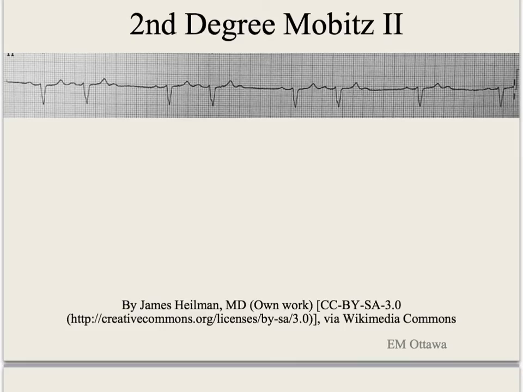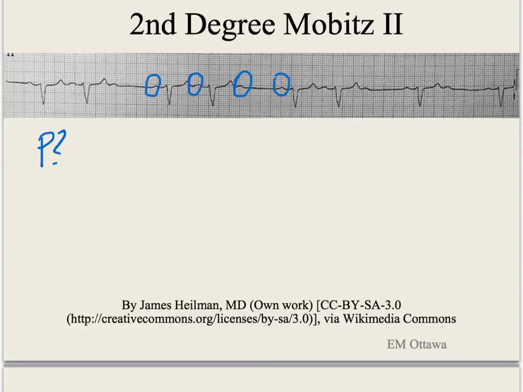This is second-degree Mobitz type 2 AV block. This block occurs with dysfunction in or below the AV node. Let's see if there are P waves. You can see that there's a P wave here, here, and here. What about the PR interval?